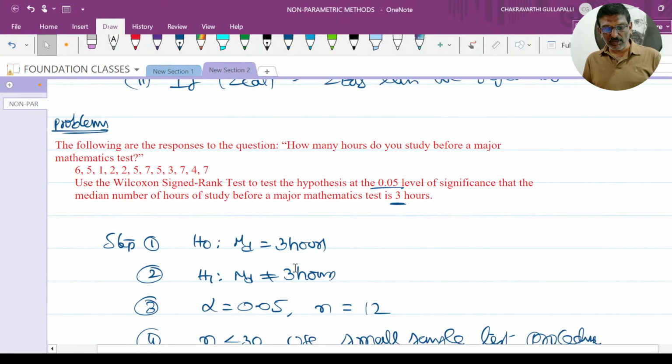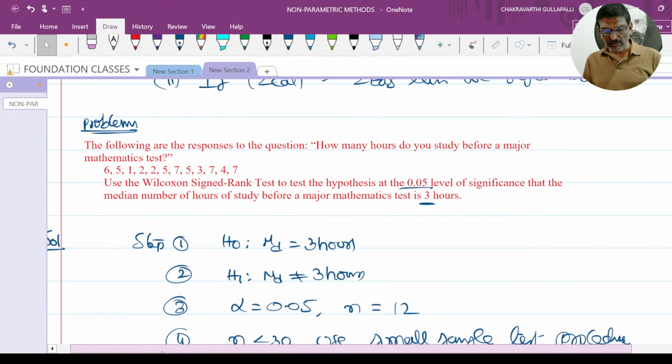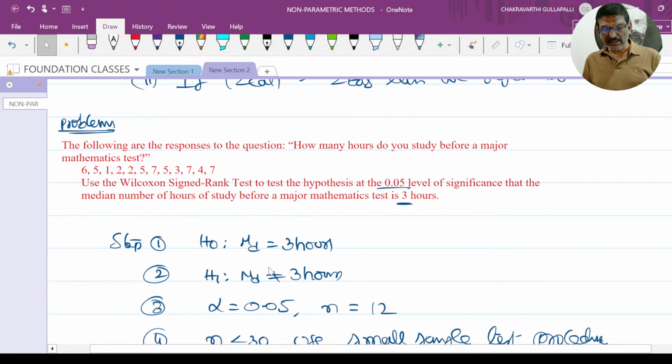Now go to the problem. This is a problem related to the Wilcoxon signed rank test. It is a real problem, a simple case study. The following are the responses to a question. I asked all the students: how many hours do you study before the major statistics or mathematics subject? I collected these 12 samples from the students.